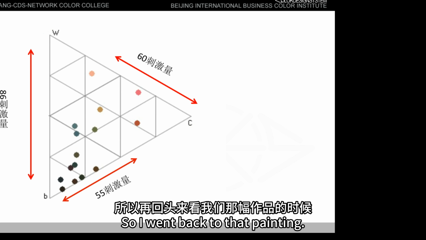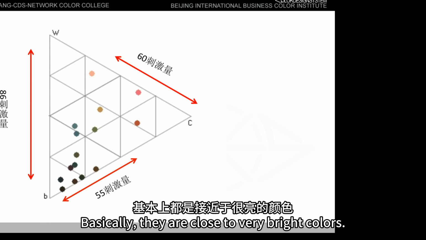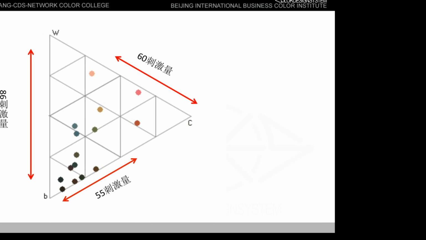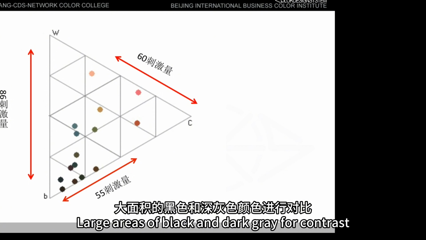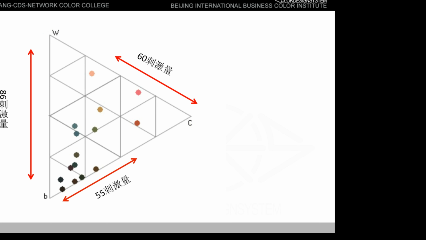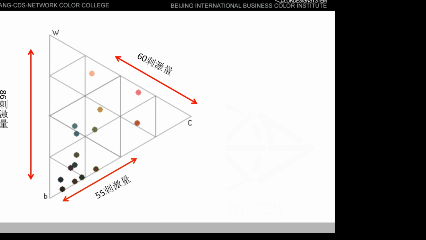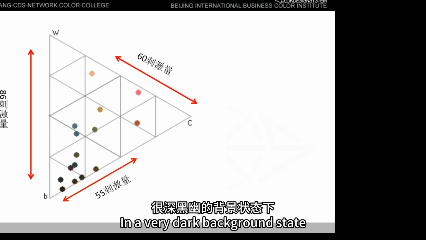So I went back to that painting. You will see the color of the skirt and the color of the skin are basically close to very bright colors. Suddenly large areas of black and dark gray enter for contrast. Therefore, in his paintings, obviously the group of dancers are in a very dark background state.